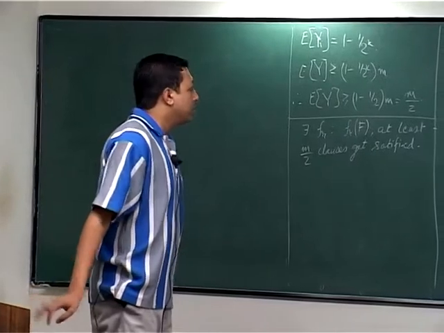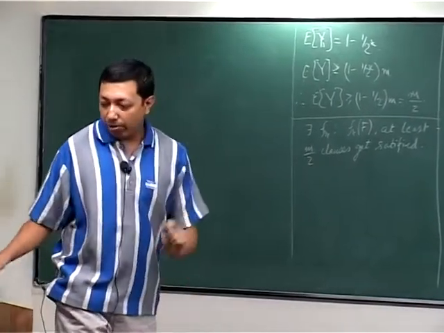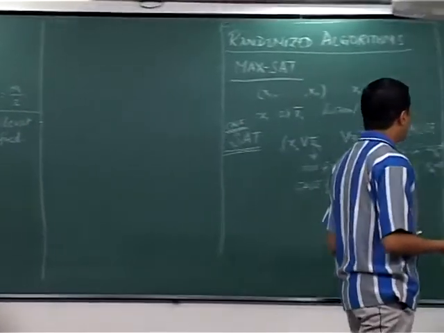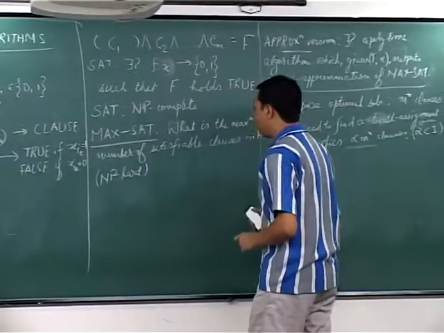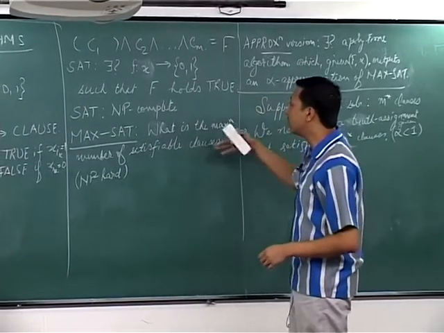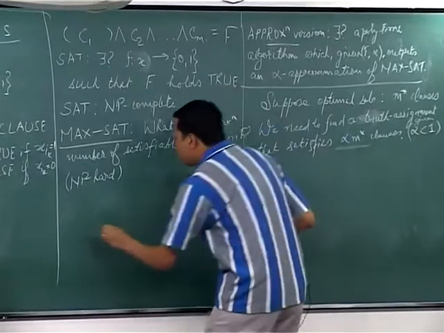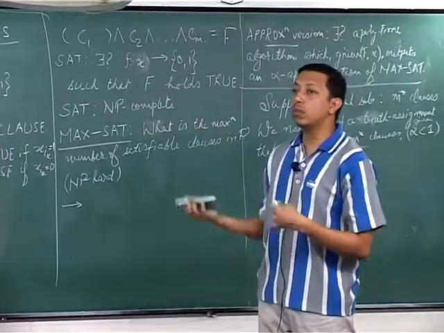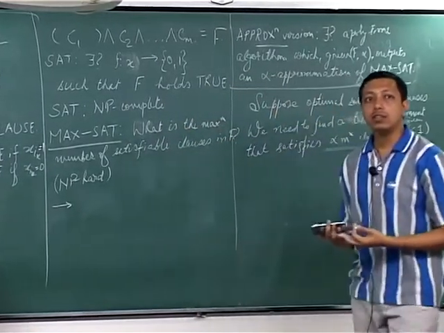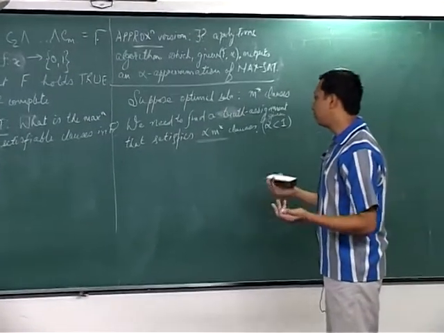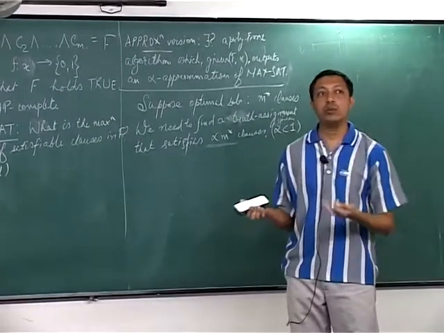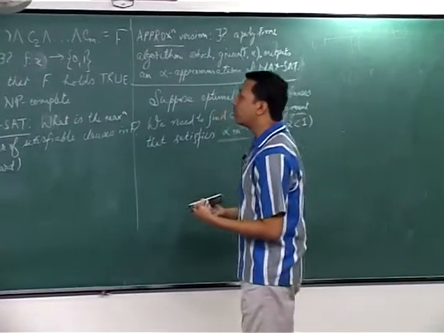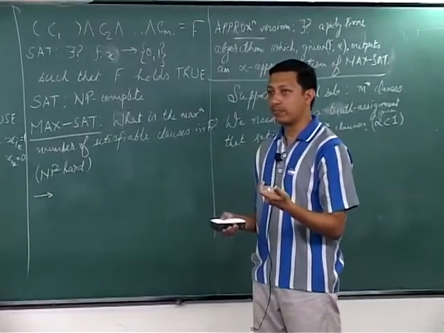But what if you want to do better? What this means for this problem is, I need to tell the connection between this and the previous thing. What is the maximum number of clauses? It is at most m. And you have satisfied m by 2 clauses already, which means that you have at least a 2-factor solution.